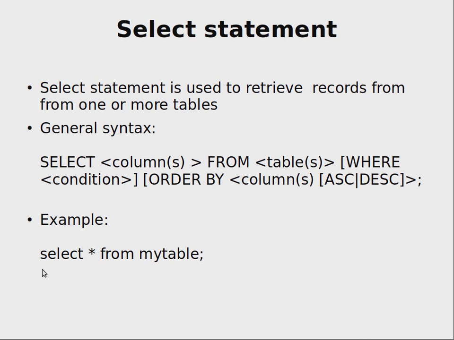And in the most trivial case, you just say select everything from table called myTable, and then you will retrieve the entire content of this table back, what it has there.